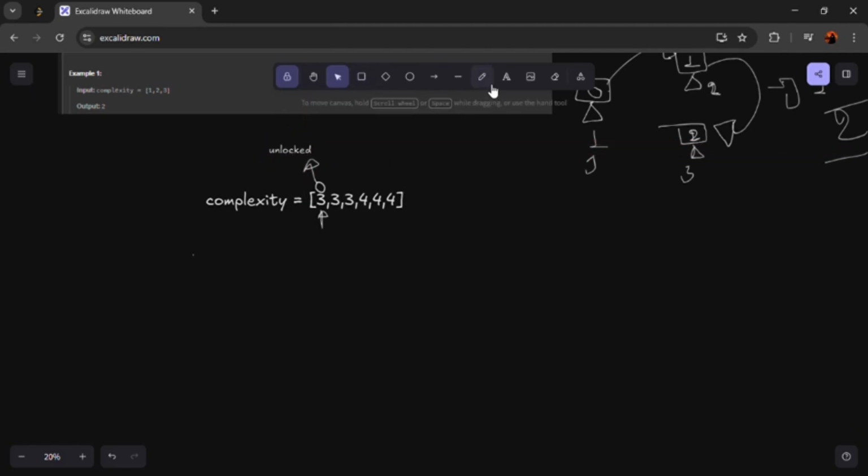Now look here, if we want to unlock this computer, we have to choose the computer from the left side, because J must be less than I, okay.